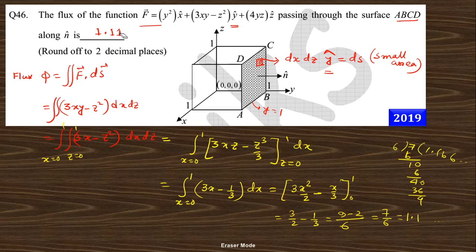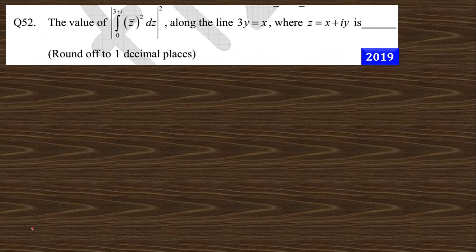So this is nothing but, to 2 decimal places, that comes to 7. So 1.17, this is the correct answer. Okay, next. So the answer is 1.17. Next question.